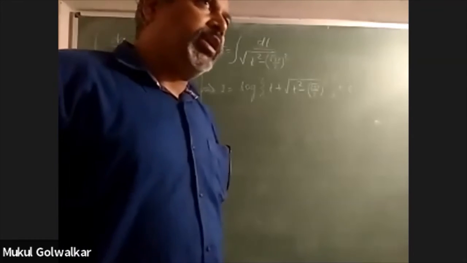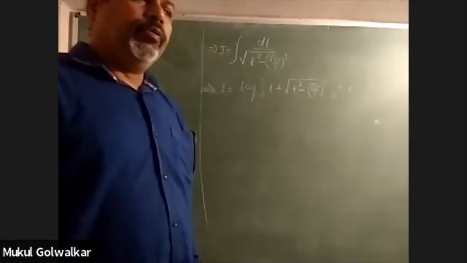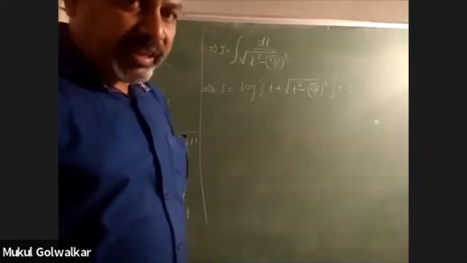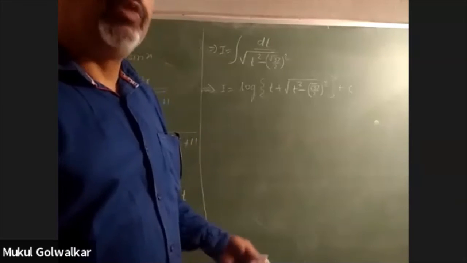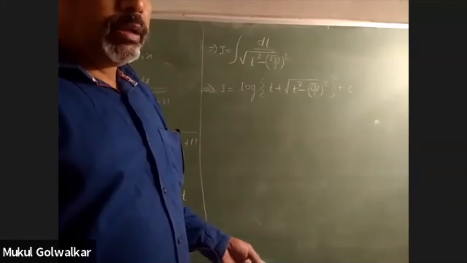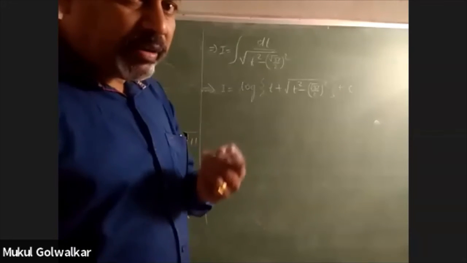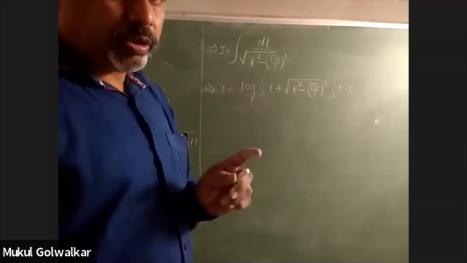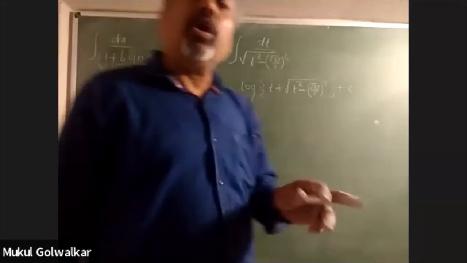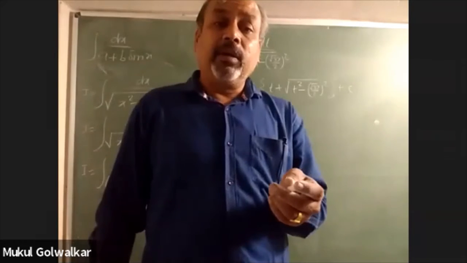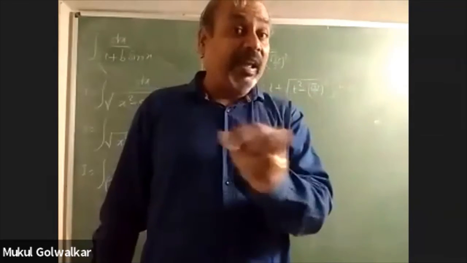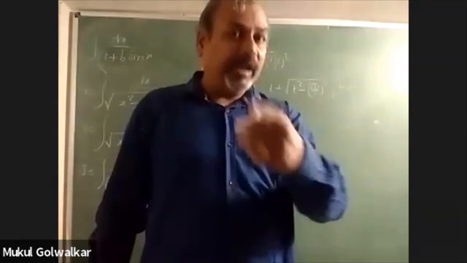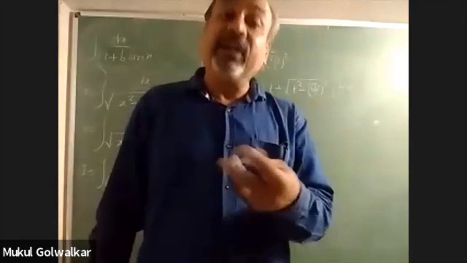I tell you one small thing here: what is integration? Integration is the antiderivative procedure, meaning integration was derived with the help of differentiation. And for differentiation, what do we consider? If y is a real valued function, that means the value of the function should always be taken real.